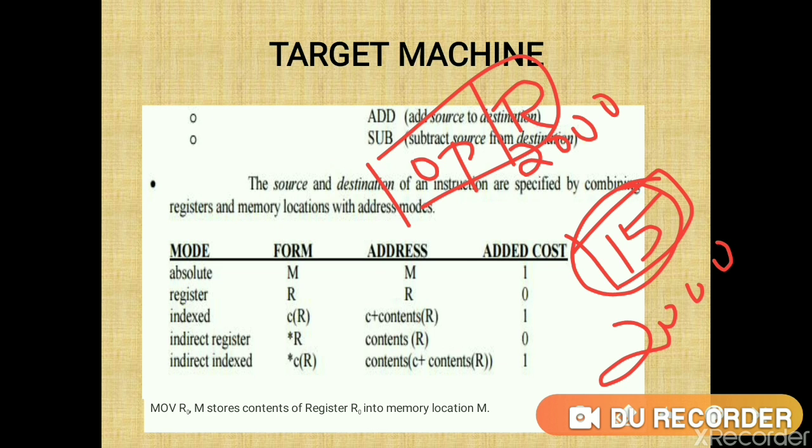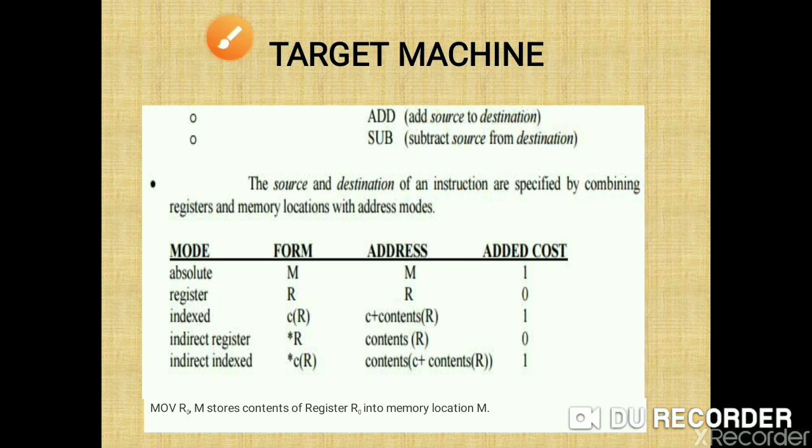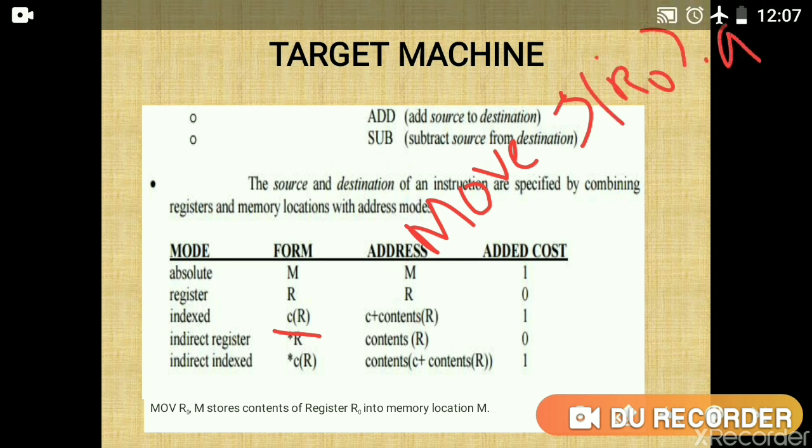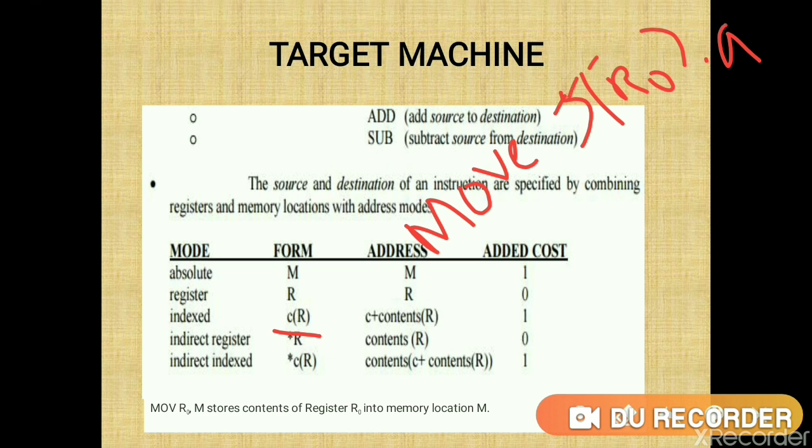Next is indexed addressing mode. In indexed addressing mode we already discussed its format, which is represented as C of R, right? What does C of R represent? C means a constant value plus contents of R. Now I will tell you an example. If you are given an example like move 5 of R0 comma A, this is an example of indexed addressing mode.